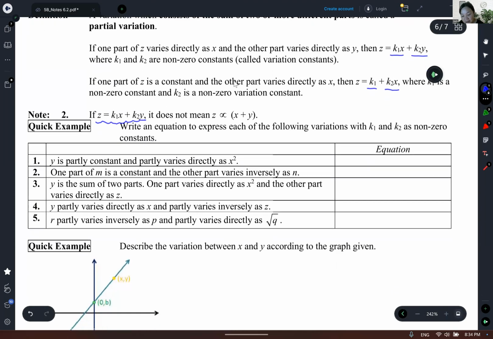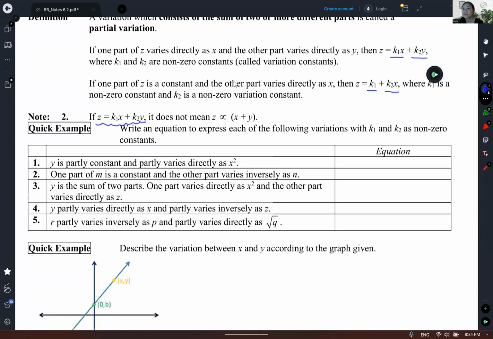Now, a very similar quick example. Write an equation to express each of the following variations with K1 and K2 as the variation constants. Let's read it. Number 1, Y is partly a constant and partly varies directly as X squared.